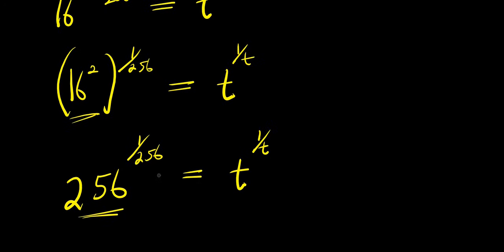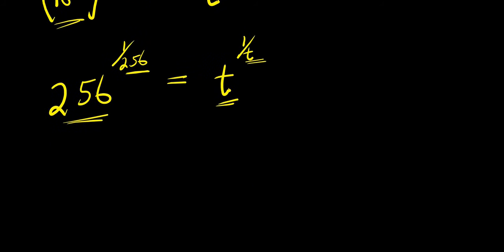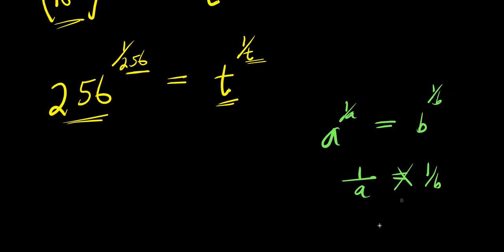Now we have 256, we have 256, we have t, we have t. So, if you have a power 1 over a equals b power 1 over b, that means you can compare them: 1 over a equals 1 over b. And if you cross multiply, a equals b.